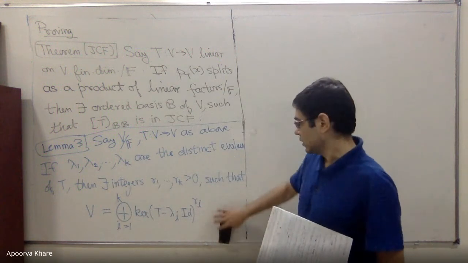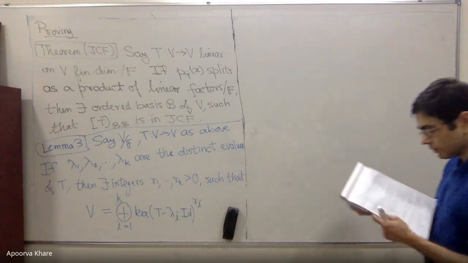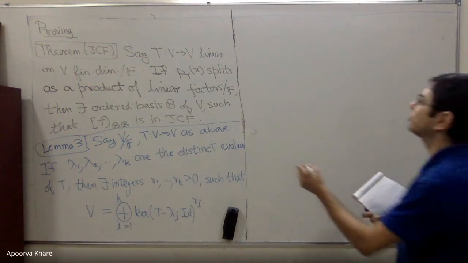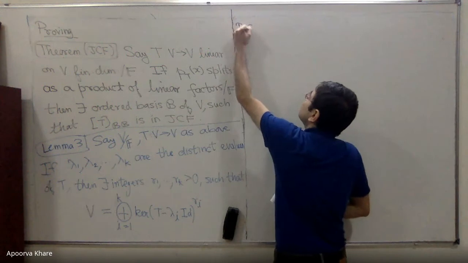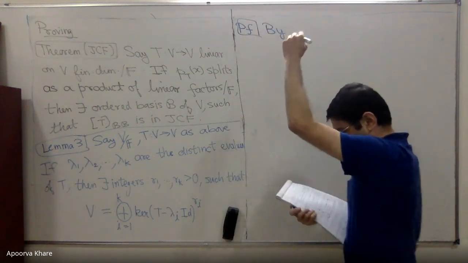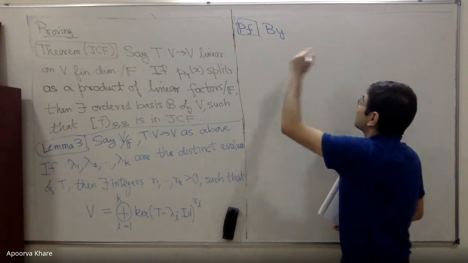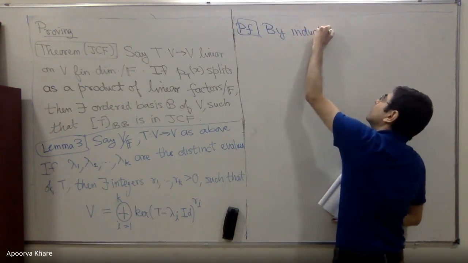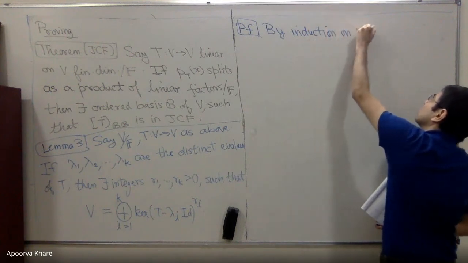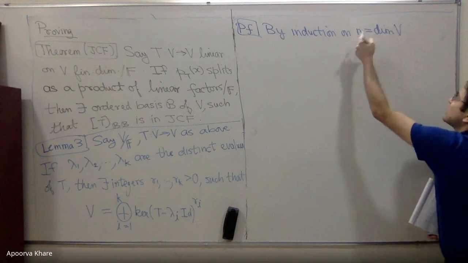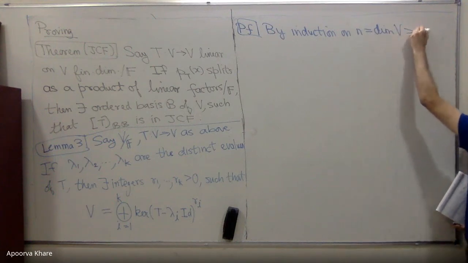Okay. Now the proof of this is going to be by induction on the dimension of V itself. Since V is finite dimensional, I can give its dimension the name n.